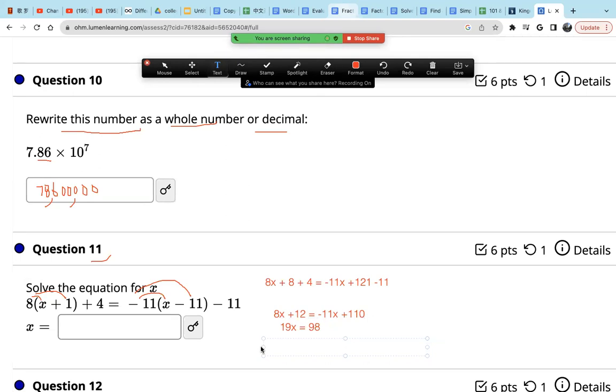Because 19 is fine, we still keep it as x equals 98 divided by 19. Just keep it as a fraction, okay?